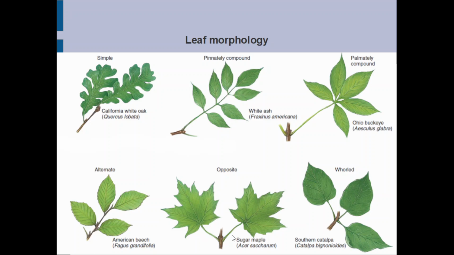Leaves are arranged opposite to each other, so they have a common node, so they attach at the same place. If here we have a left and then right, left, right attachment, they attach at different nodes, but here they attach on the same node. So this is an example of the sugar maple.